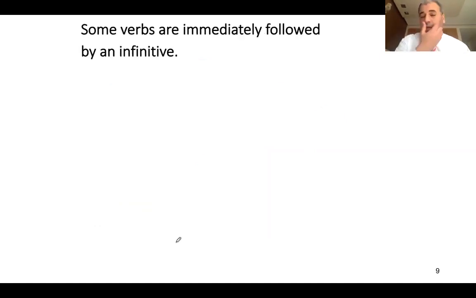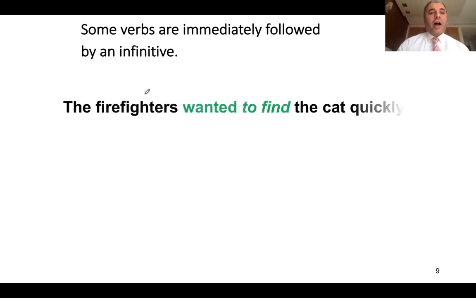Next, in the same way that we have some expressions that are followed by gerunds, there are other expressions that can be followed by an infinitive. Some verbs are immediately followed by an infinitive. Example, the firefighters wanted to find the cat quickly. So you see here, this verb is followed by an infinitive. You can't use a gerund.